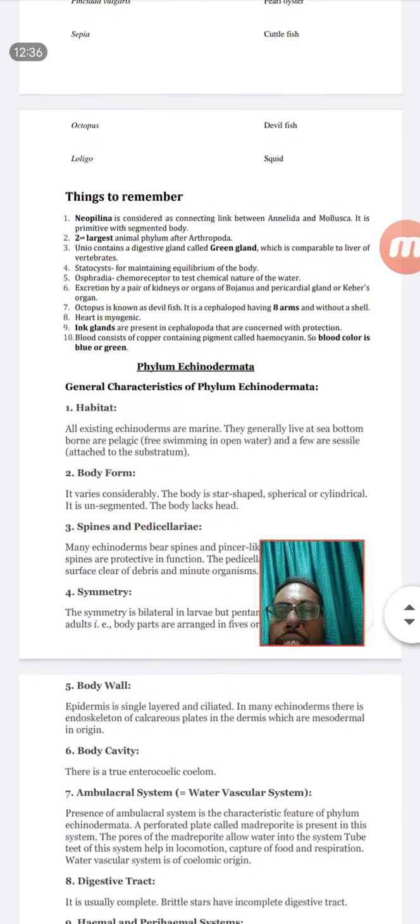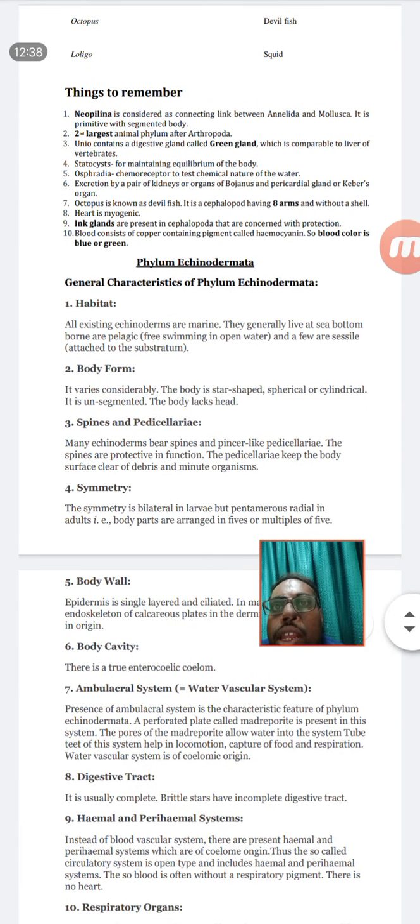Next one is Echinodermata, a very good example for this is starfish. Echinos means spikes. Their habitat is marine in nature. Their body is star shaped and unsegmented, and they don't have proper symmetry, that means they can be cut into different parts through one axis.